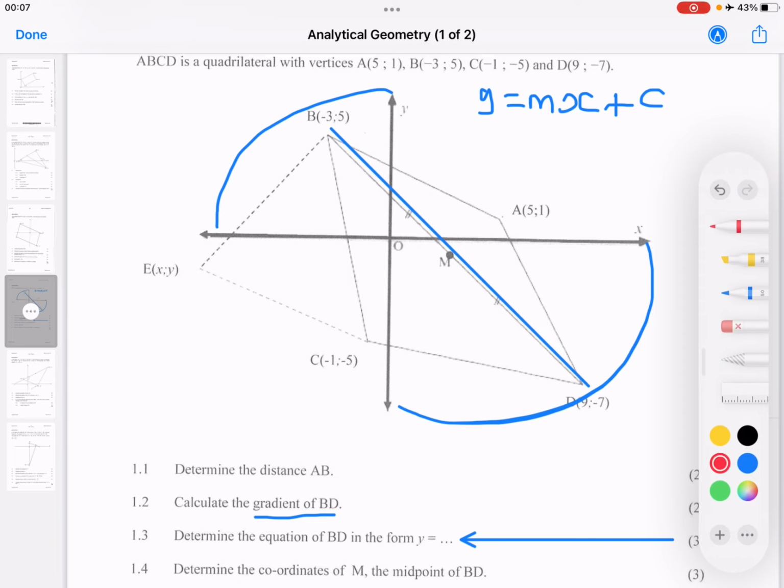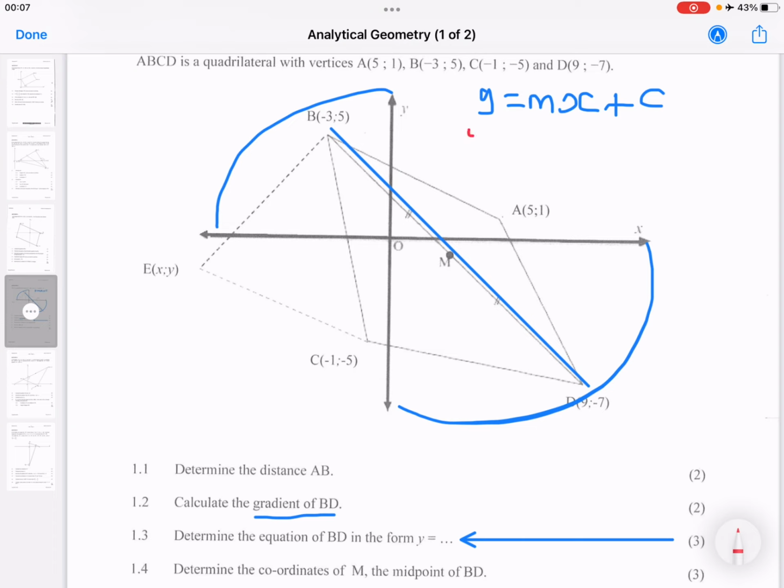It doesn't need to be correct, it's just for the purpose of making sense. So obviously, when you determine the equation of that line, let's say you calculated on your previous calculation the gradient to be, let's keep it simple and say -2, then you have negative 2x plus c. So now you need 1 point in order to determine the c value.